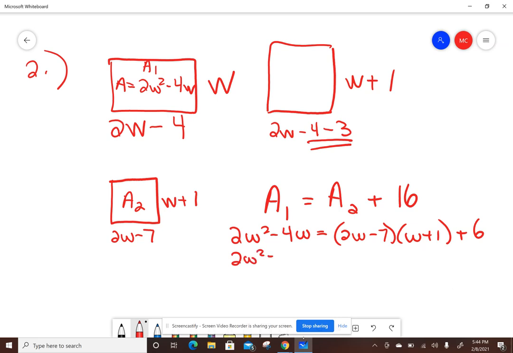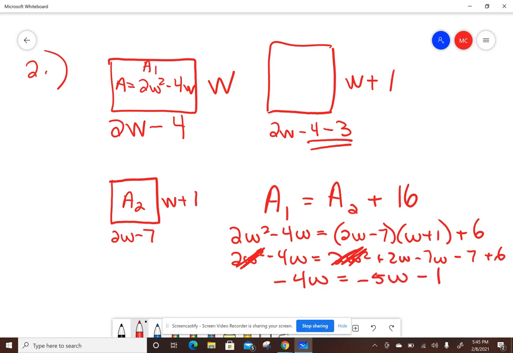So now I just have to FOIL 2W squared plus 2W minus 7W minus 7 plus 16. If I subtract 2W squared from both sides, they go away. I get negative 4W equals negative 5W minus 1. Oh, this is a 16. I'm sorry.